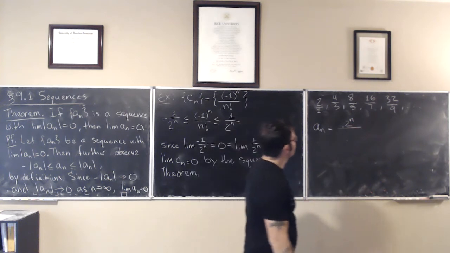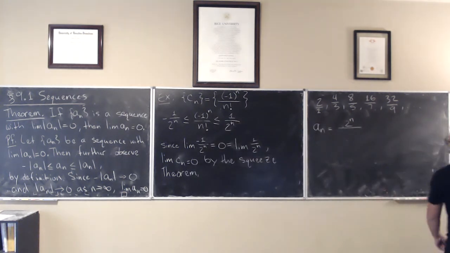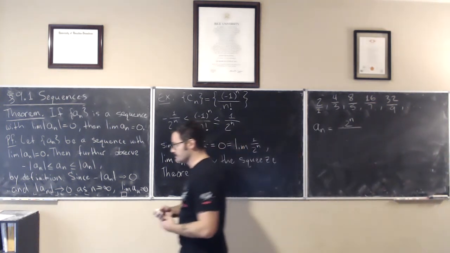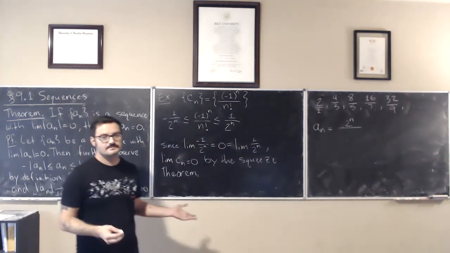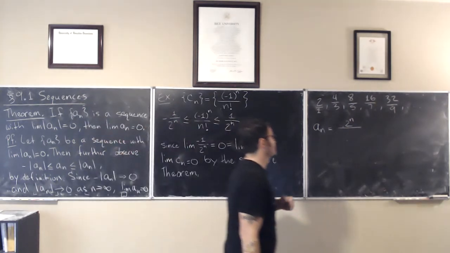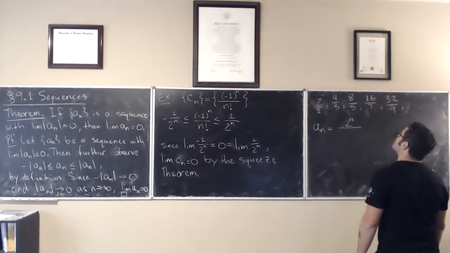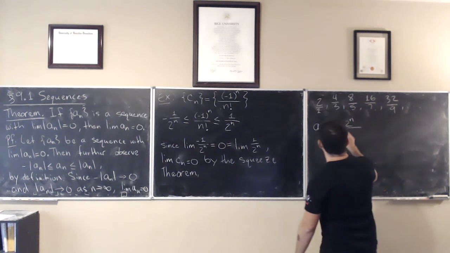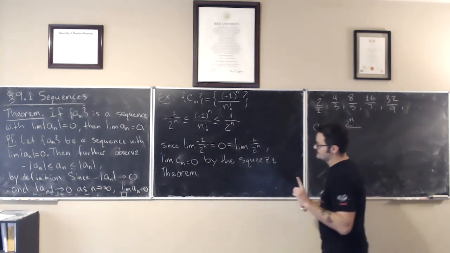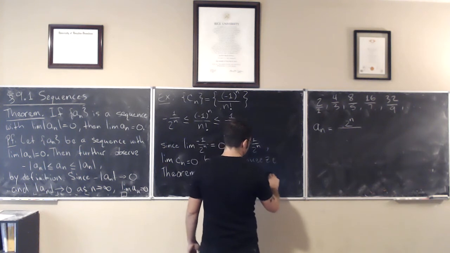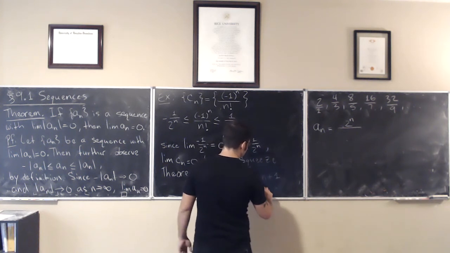Now, what about the denominator? I immediately notice something about the denominators as well. The denominators are odd positive integers. There are two ways to express an odd integer. You can have 2 times n plus 1, but that's equivalent to 2n minus 1.